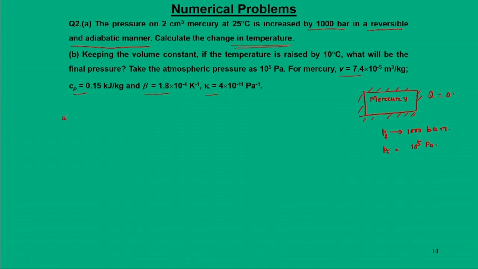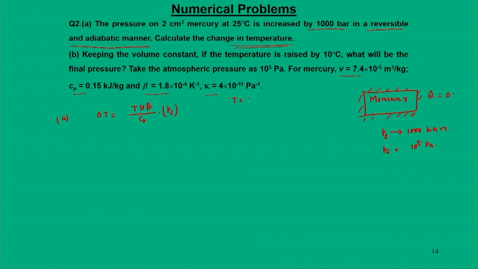So, let us see the first part of the problem, A, where we derive this expression: change in the temperature is equal to T times specific volume beta divided by Cp into Pf. All these numbers are given.